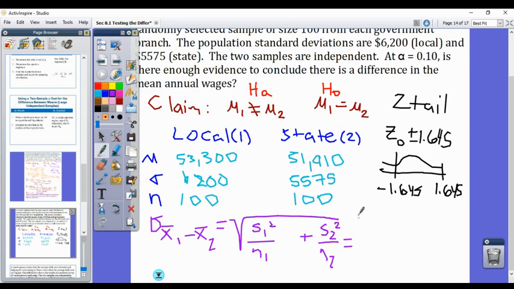All right, let's see if I can squeeze this all in here. So S1 is 6,200. All right, so if I plug all that into my calculator, I am going to get 833,790.